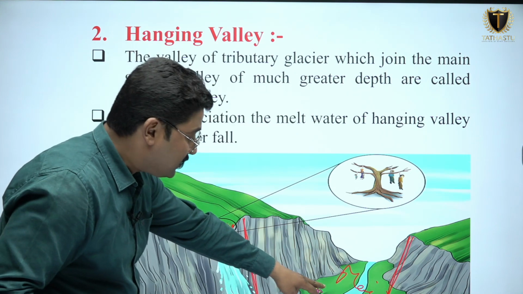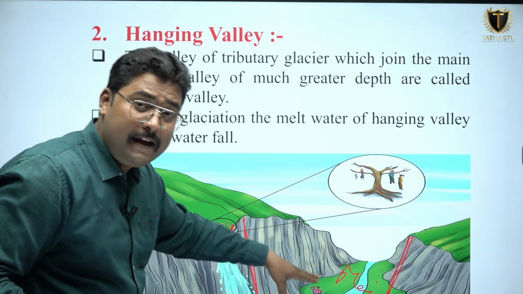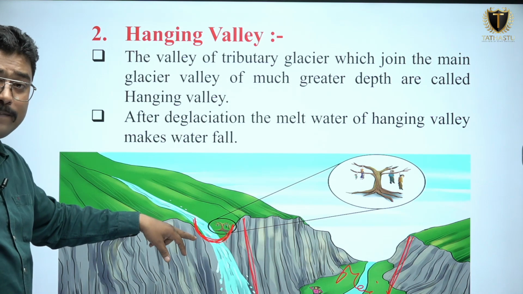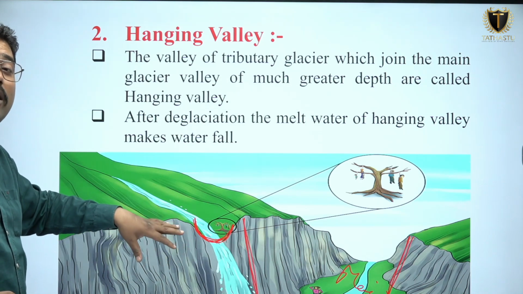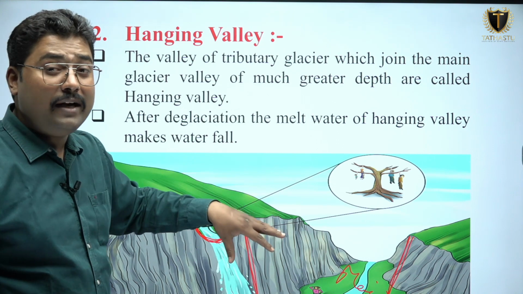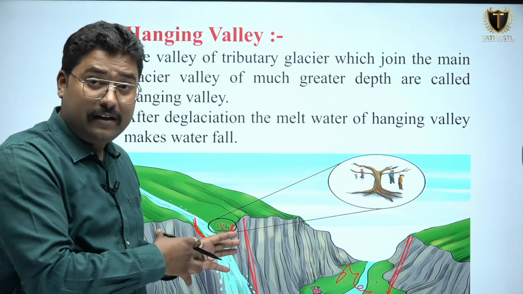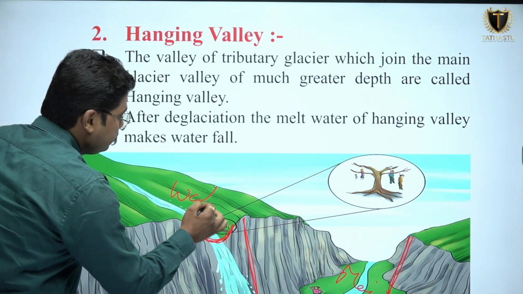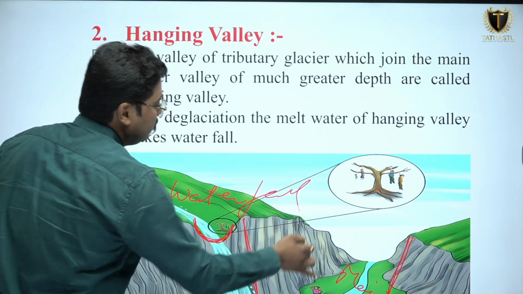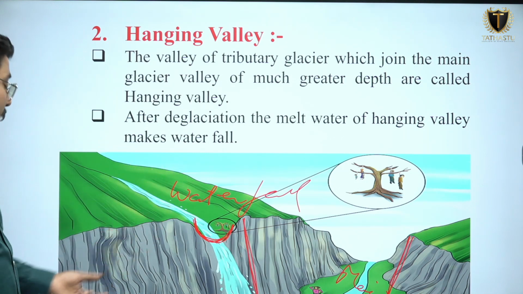Now when you are standing on the floor of the main glacier valley and you see this valley, it will resemble hanging over the valley of the main glacier, and as the ice has retreated, only the water has been left behind, so it will form a waterfall simply. So it will be considered as a hanging valley.